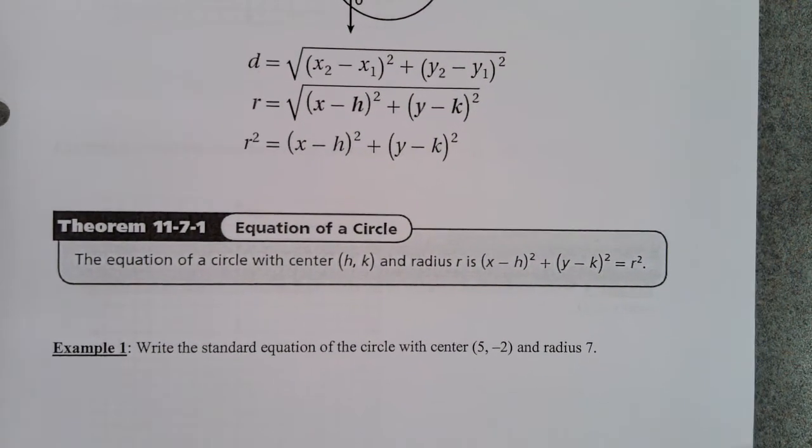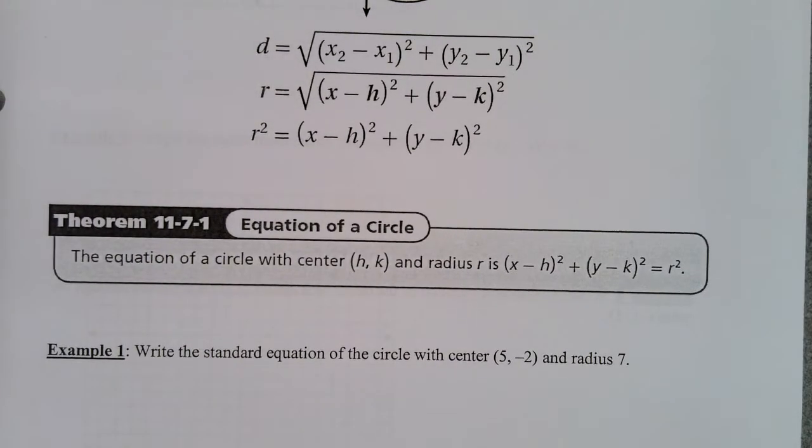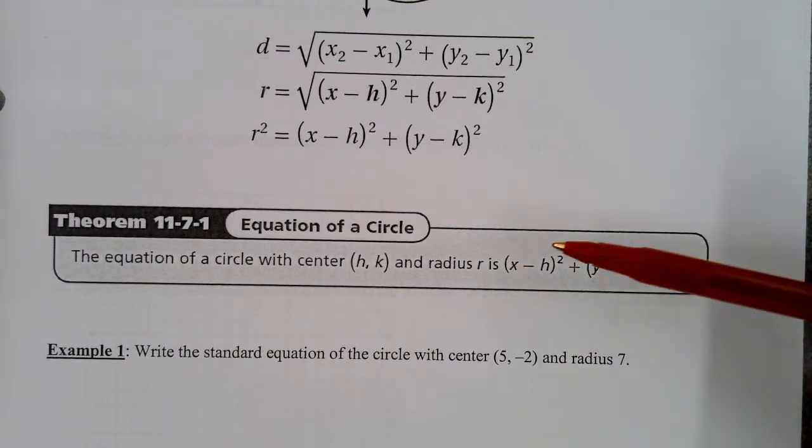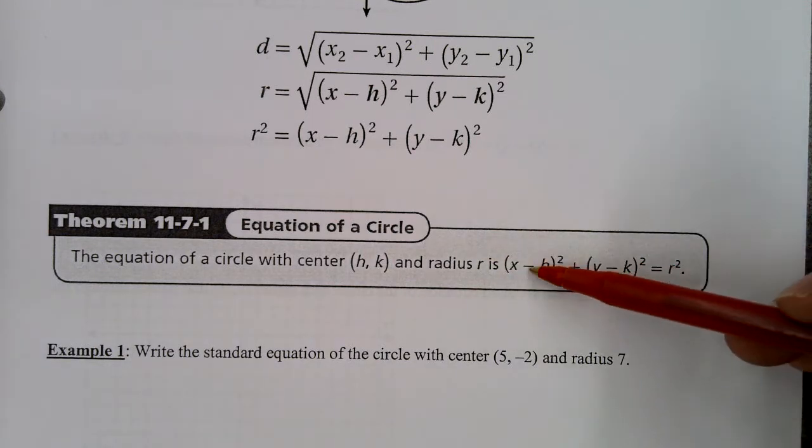The equation of a circle with center (h, k), those are the letters used for the center, and radius r is given by (x minus h) squared plus (y minus k) squared equals the radius squared. Notice how it's subtraction.